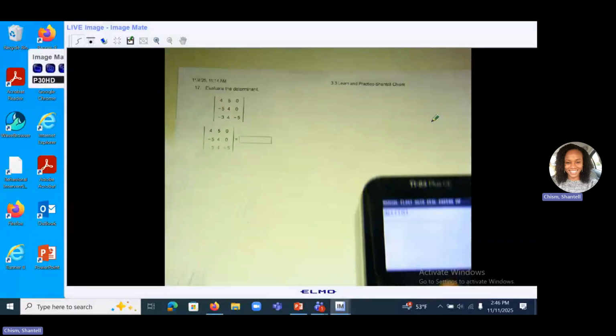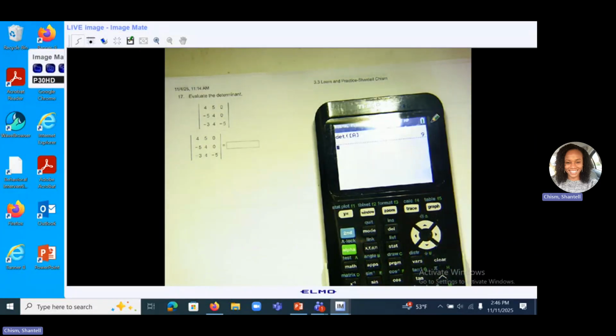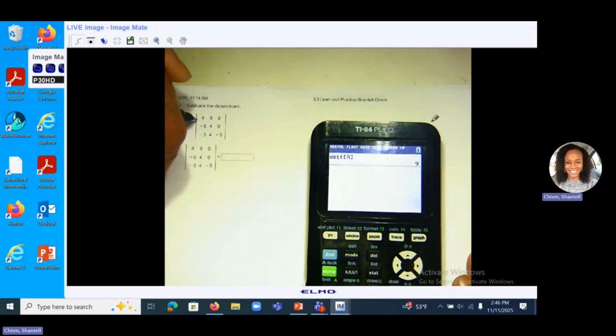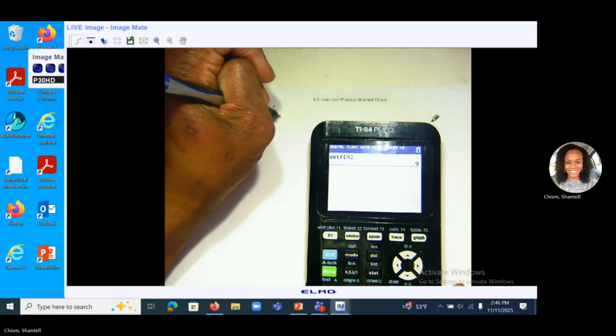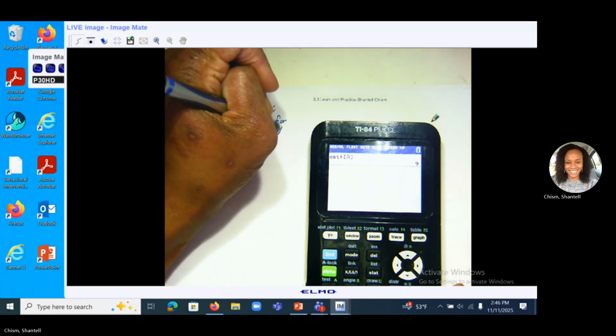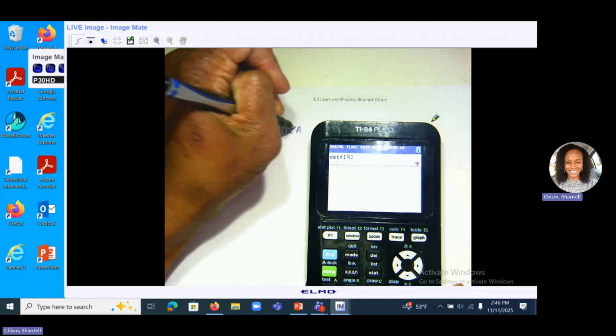And this last one here, let's do this one. We're going to definitely use the calculator. This is a 3 by 3. We're going to let this matrix be A. Okay.